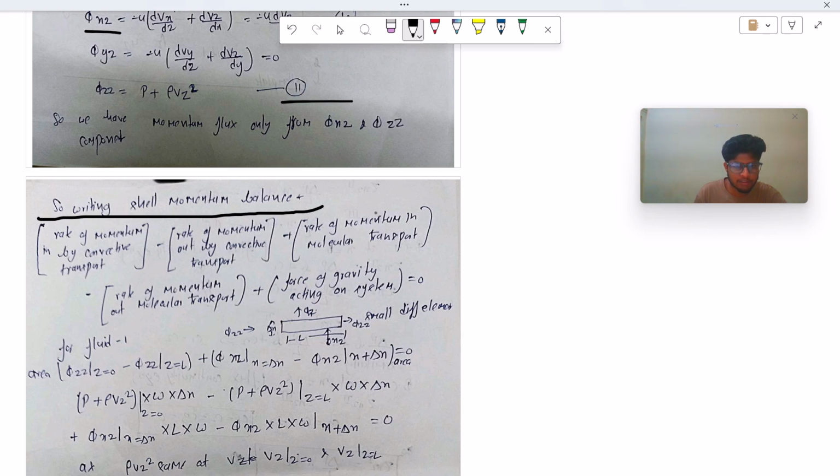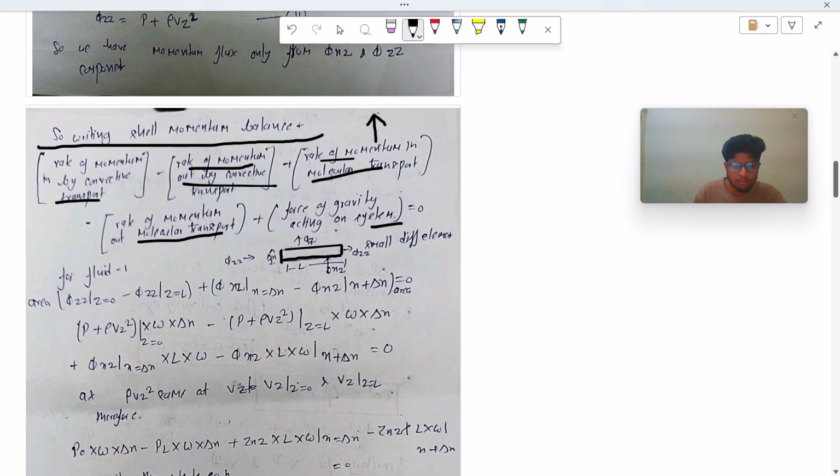As the variation takes place in x direction, we take a small differential element in this direction, with thickness delta x, length L, and width W. If we do the shell balance here, first of all, we know what the shell balance is: rate of momentum in by convective transport minus rate of momentum out by convective transport, plus rate of momentum in by molecular transport minus rate of momentum out by molecular transport, plus force of gravity acting on system.